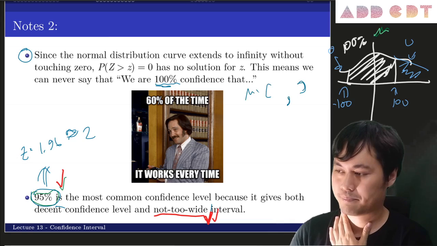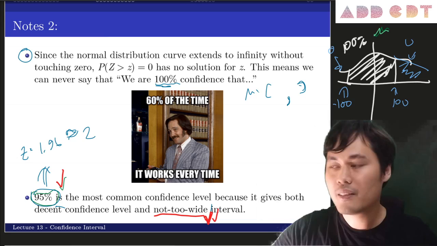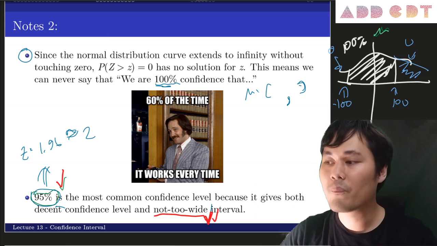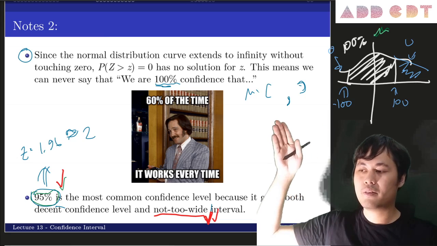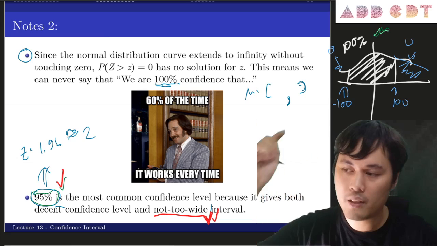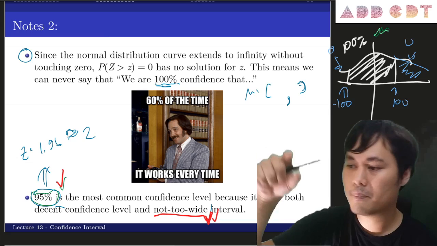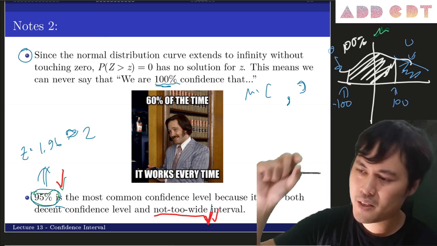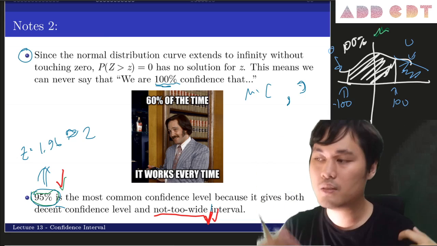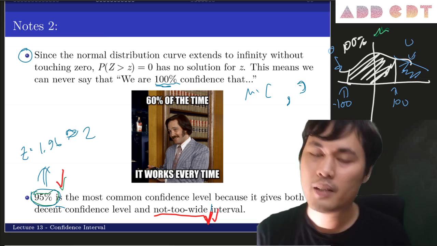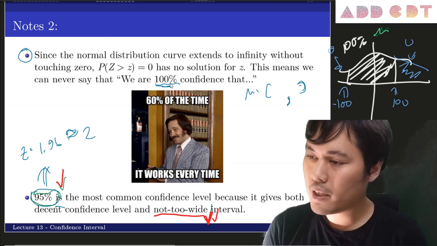So we either say we are 100% confident that it can be anything, which is not useful, or if we get an interval, we can only say some percent. The confidence level is always going to be less than 100.